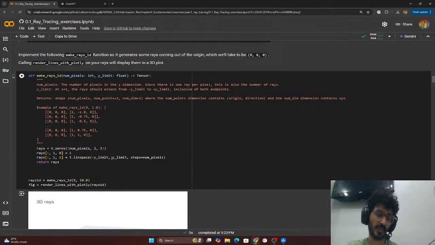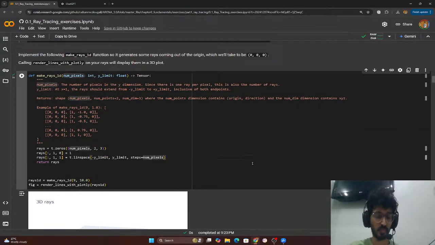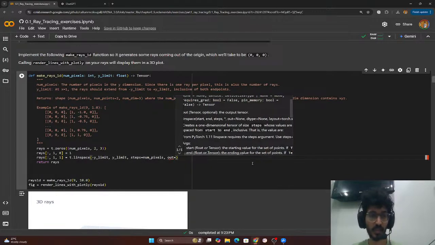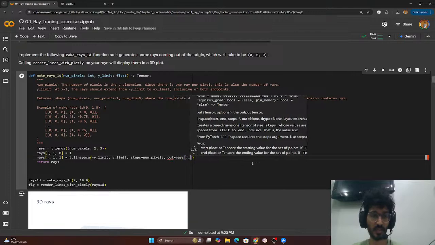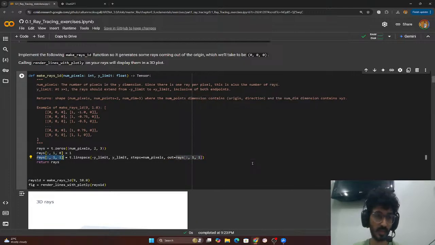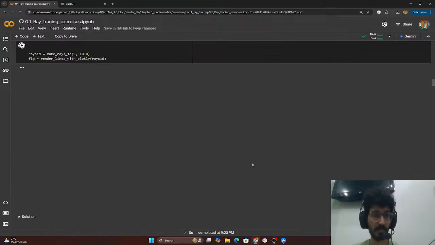Right, so I guess we don't want to create new storage, so we can pass this view that's writable.